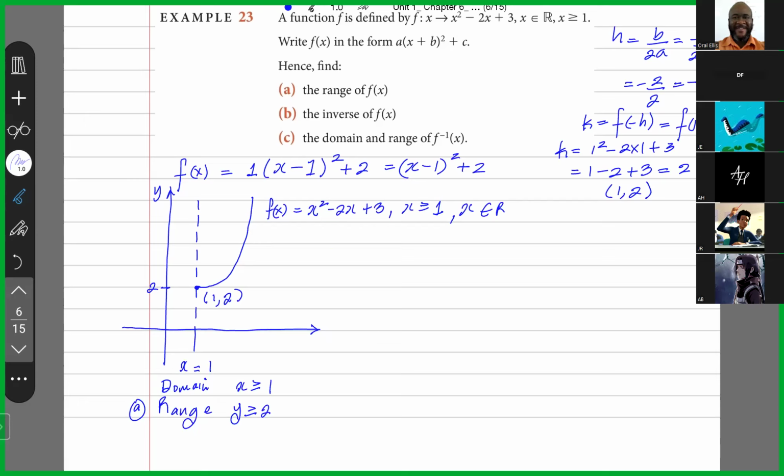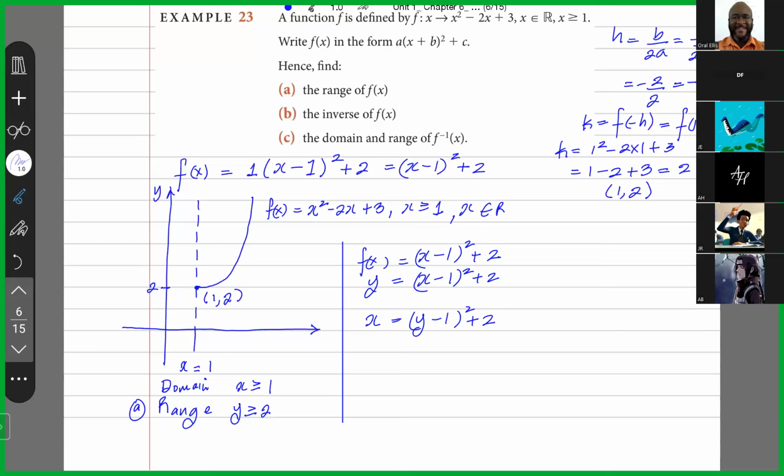Next, we're asked to find the inverse of f of x. Well, we can do that by calculation. F of x is equal to x minus 1 squared plus 2. That is it. This is the function in completing the square form. Y is equal to x minus 1 squared plus 2. Let's interchange. X is equal to y minus 1 squared plus 2.